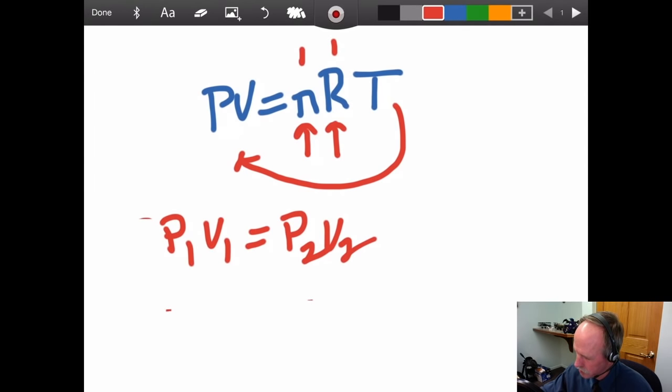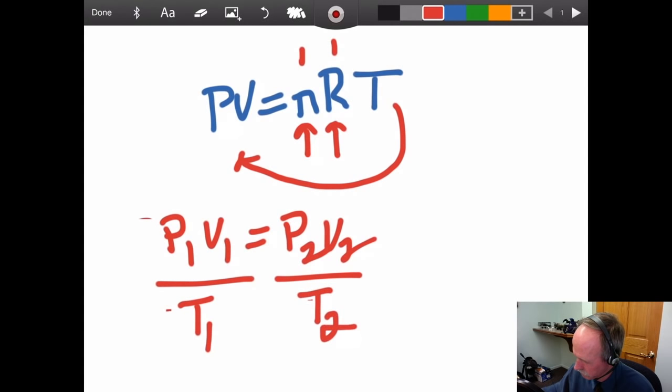Now, suppose we hold the pressure stable. Well, what's that become now? Pressure isn't going to change. That looks kind of familiar too. That's Charles' law, right?